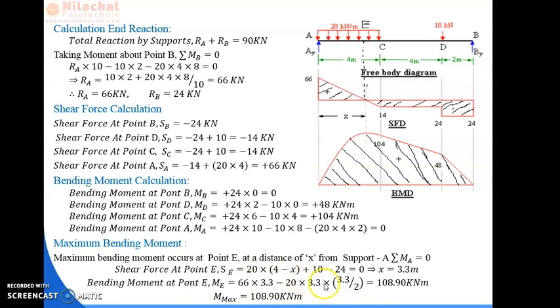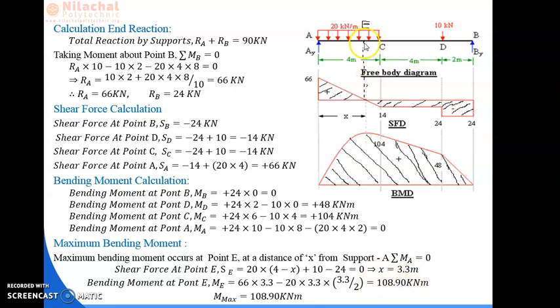Again, to find out the maximum bending moment for a beam, we have to calculate at the point E, considering E at a distance of x from the C point. Now considering moment about A, the shear force at E is 20 into (4 minus x) plus 10 minus 24 equals 0, and x is obtained as 3.3 meters.